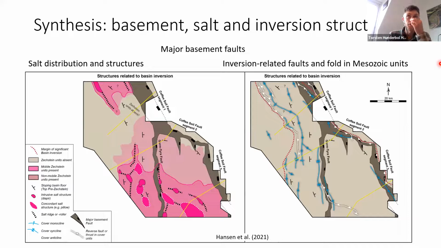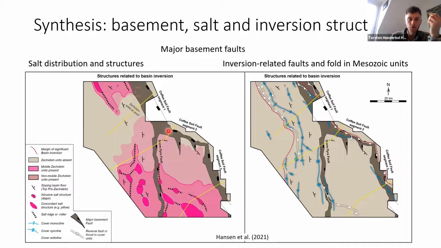Okay, let's try to put this together in some sort of synthesis. Here you have a simplified sketch with, in gray, the base salt, so the top of the subsalt.